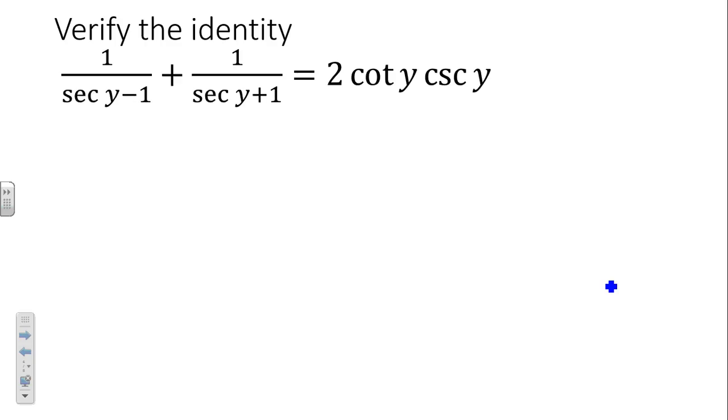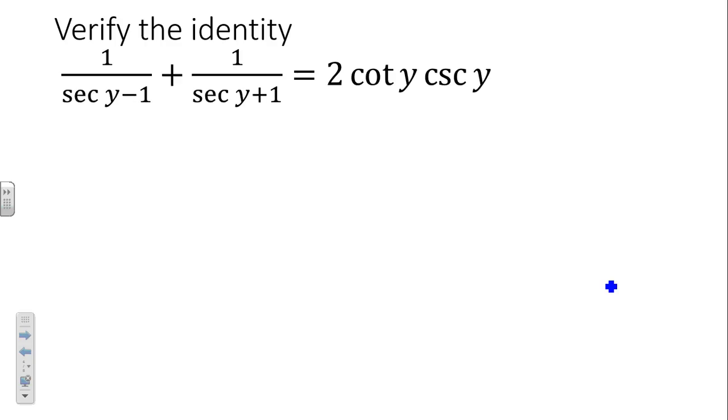Left side. So let's work with the left side. Good. Let's use the conjugate to try to make a secant squared minus 1. Why would we want to have a secant squared minus 1 in the denominator? You can use your Pythagorean identity.